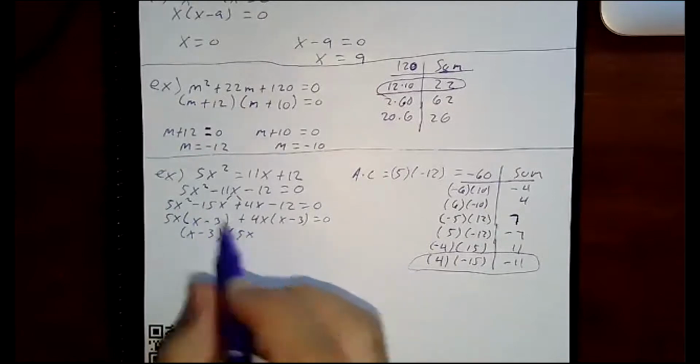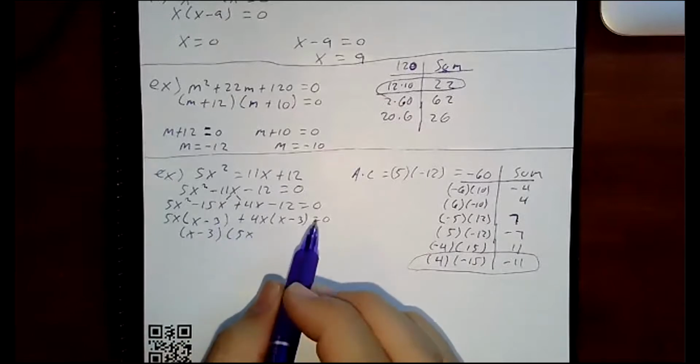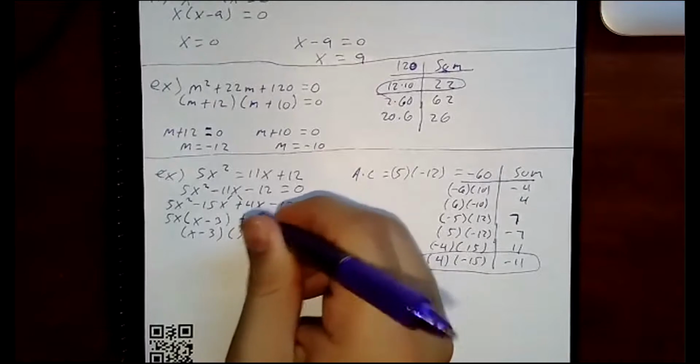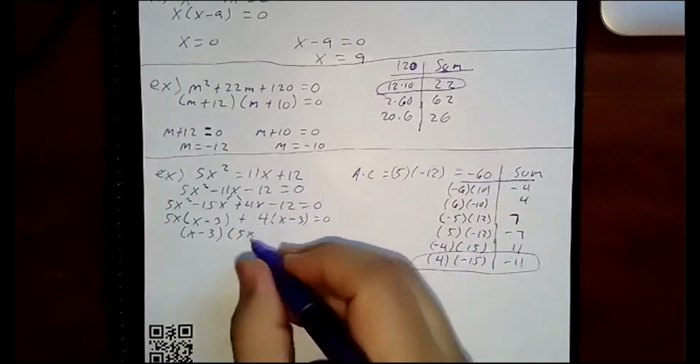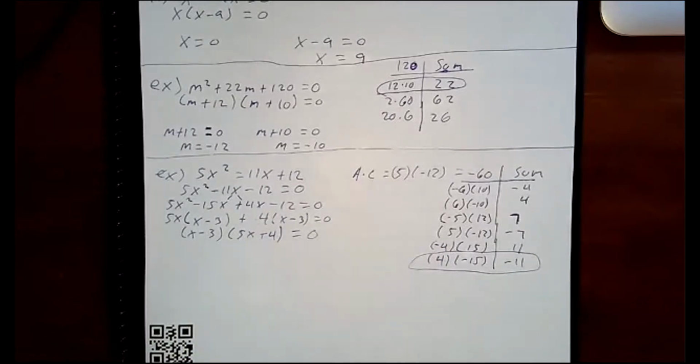That should be, oh, that's right. This is wrong. Sorry about that. That's a 4. 5x plus 4. Do you have any questions on that AC method from last time?